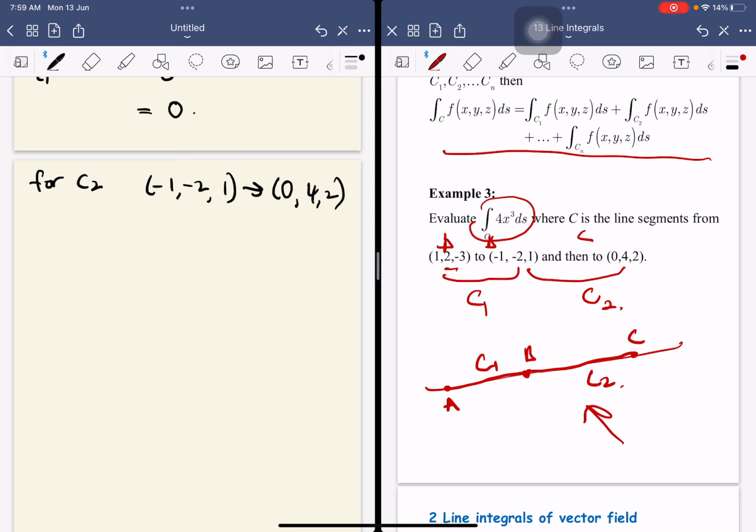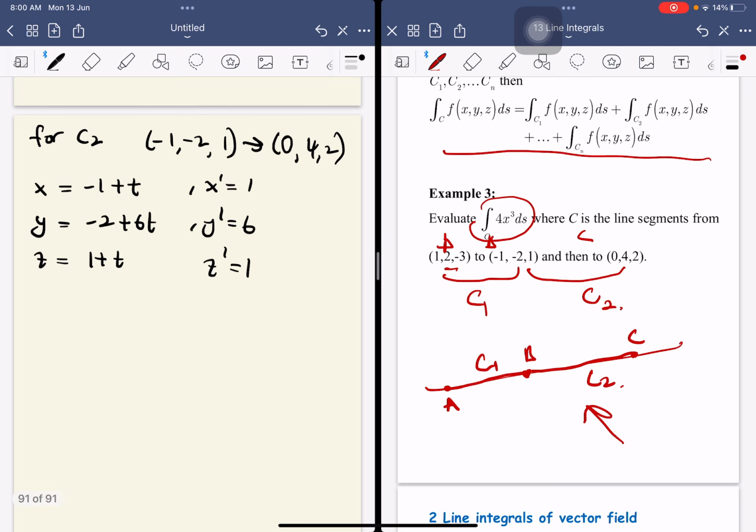The parametric equations are x equal to -1 plus t, y equal to -2 plus 6t, and z equal to 1 plus t. So x prime is 1, y prime is 6, and z prime is 1 as well. Now we find ds: it's the square root of 1 squared plus 6 squared plus 1 squared dt, which gives square root of 38 dt.